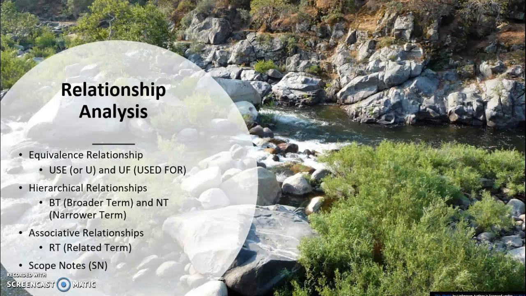NT, or narrower terms, prescribes a term of a more specific topic, whereas BT, or broader term, is for a more general topic, whereas SN, or scope note, is used to add more detailed information about terms, whereas UF is used for non-preferred terms, or USE to indicate a preferred term.